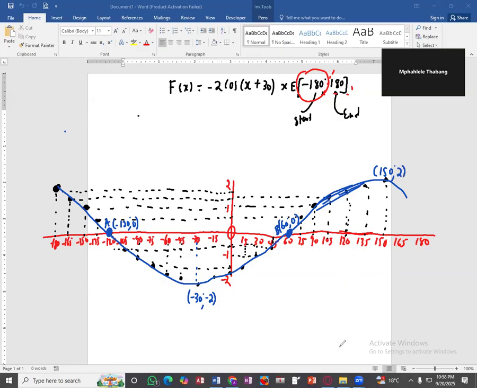Okay, so this is how your graph looks like. So you name it, you say the graph of f of x. It's easy to sketch the graph when you are using the step of 15.